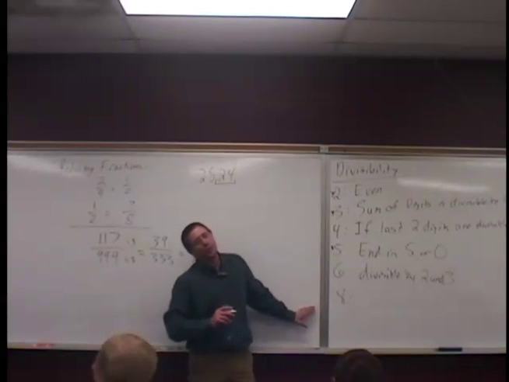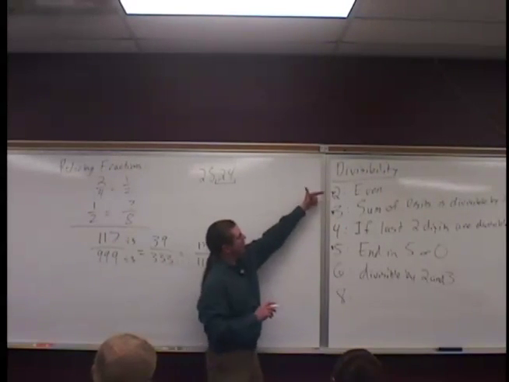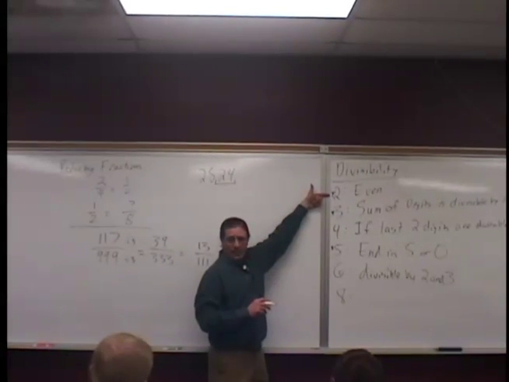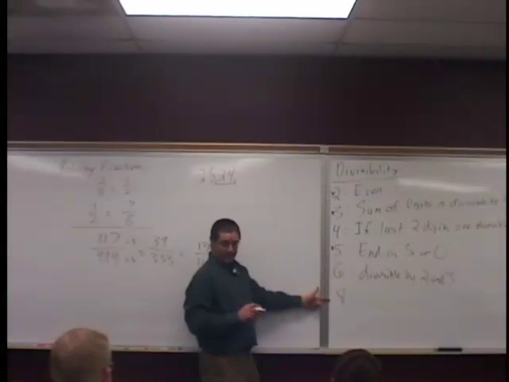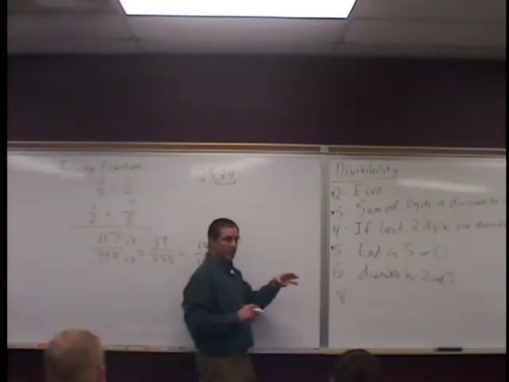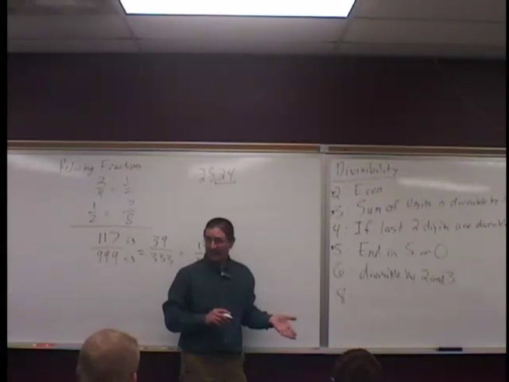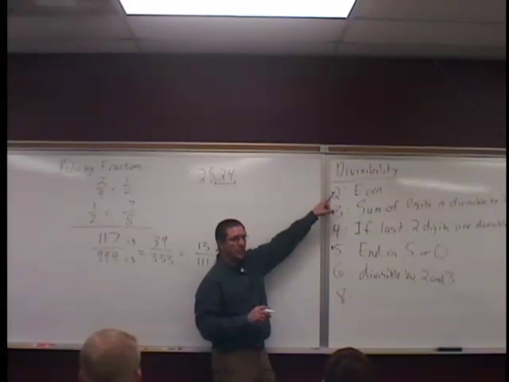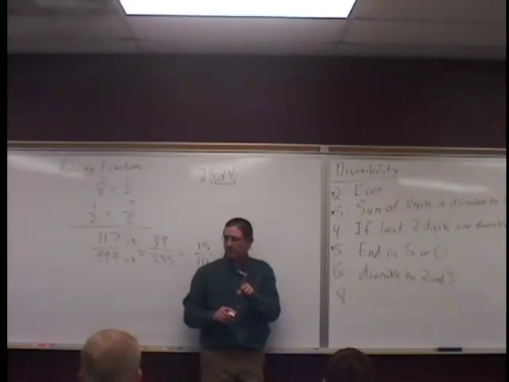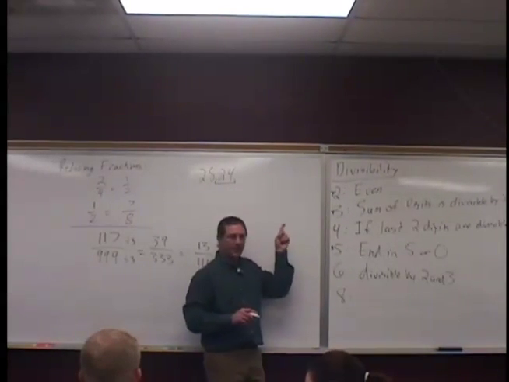The reason I want to show you 8 is because 8's a special number. 2 times 2 is 4. 8. 2 times 2 times 2, right? It's 3 2's multiplied together. So the rule for divisibility when it comes to 2 is that the last digit is divisible by 2. That's what even means, right?